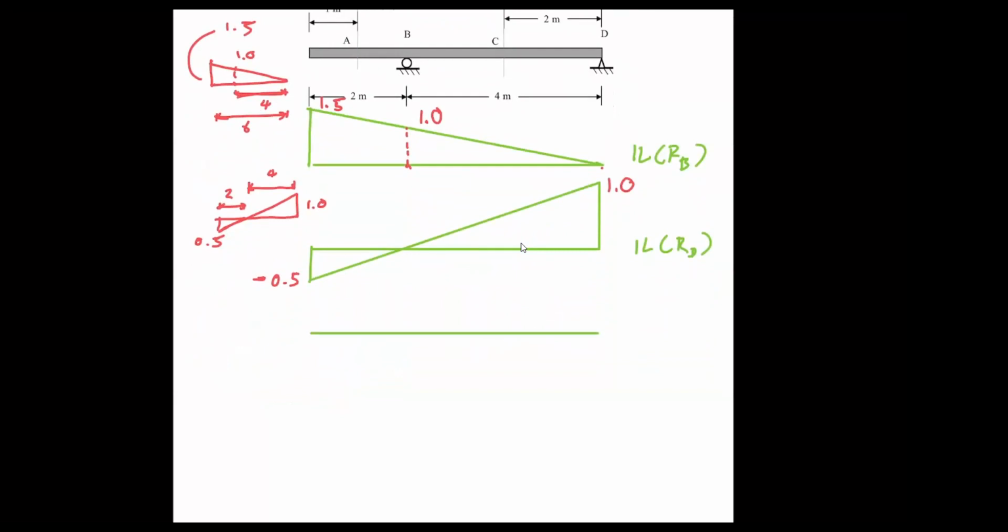Shear at A is simply, that's the influence line of VA. So you think that's true?